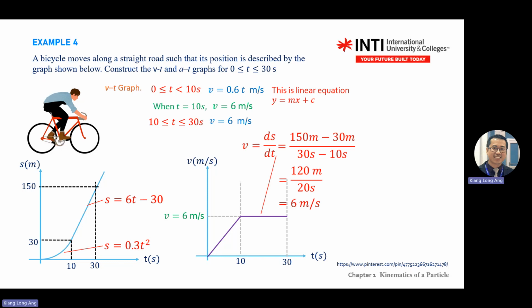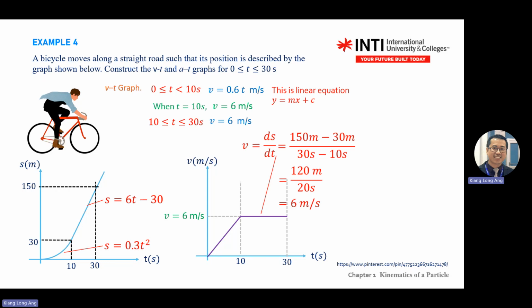Okay, so this is just a double confirmation. How do you get 6 here? If you use the normal graph analysis to get the velocity, from here to here, you get y2 minus y1 divided by x2 minus x1 to get the gradient.